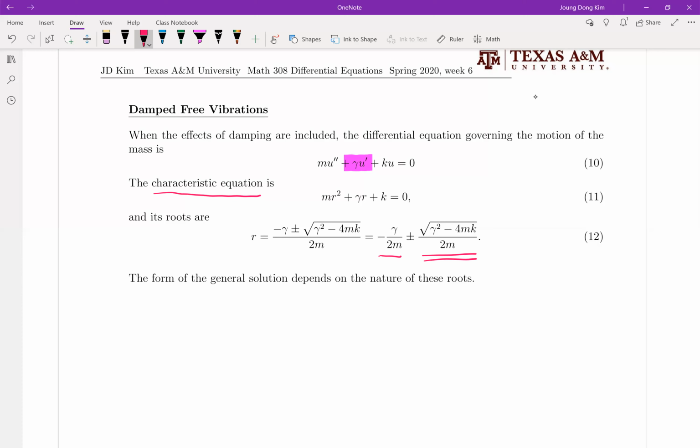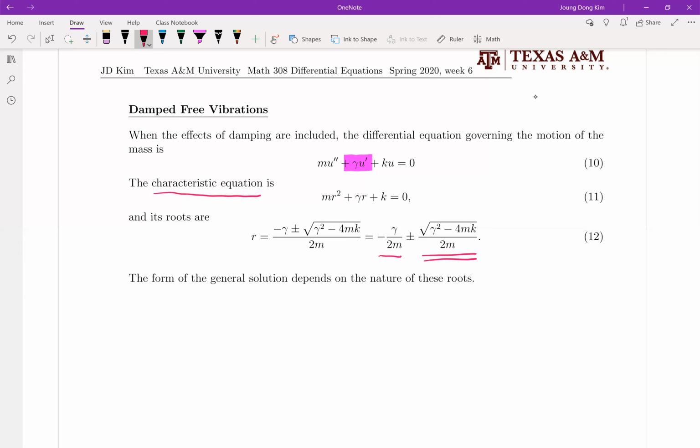Whenever gamma squared minus 4mk is equal to 0, it's the duplicate case that we covered in the previous sections. And the third case, when gamma squared minus 4km is less than 0, is an imaginary number. We're going to take on all these three cases.